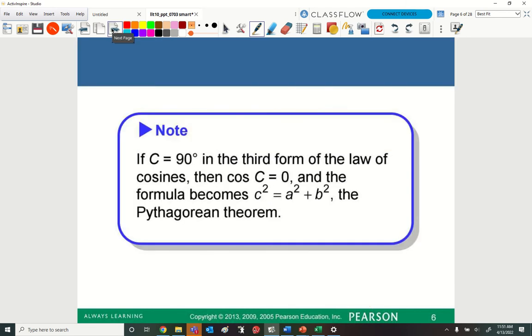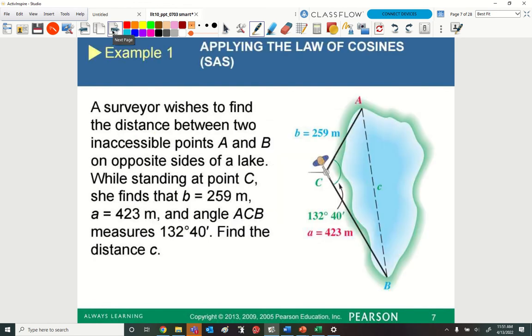In a right triangle, it actually just comes out to be the Pythagorean theorem anyway. Now, this right here is an example of what we have. We're going to look at the values that are given to me. This is an ABC triangle, and I'm looking for little c.